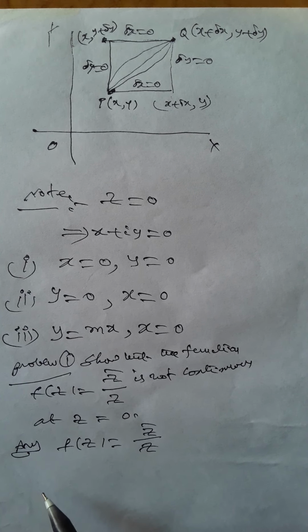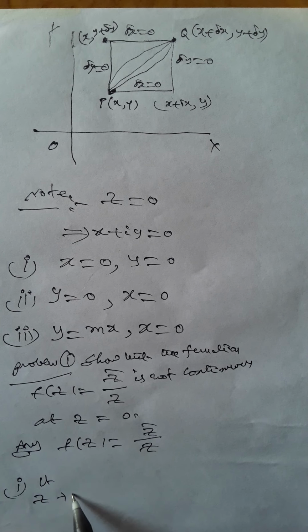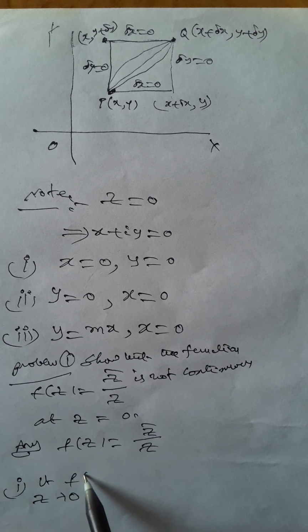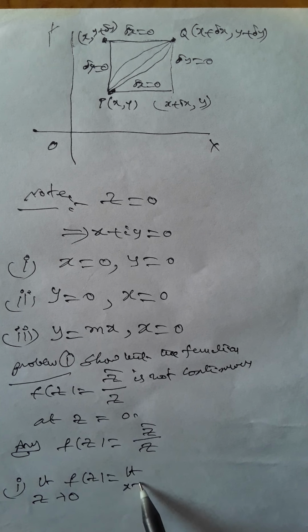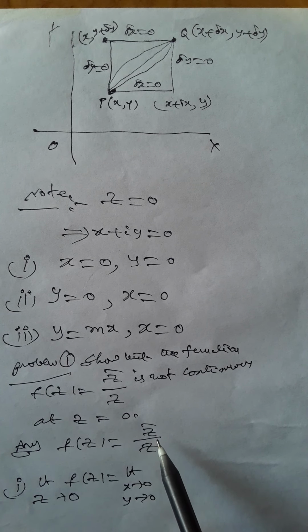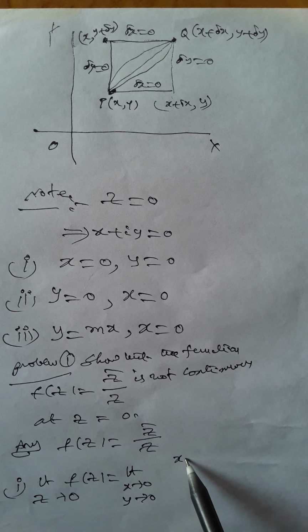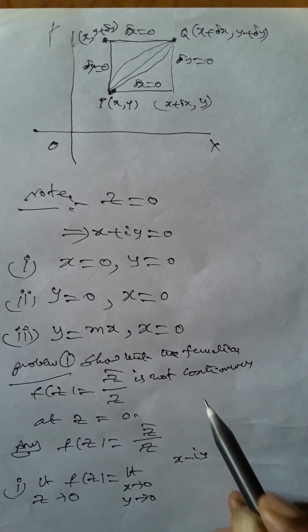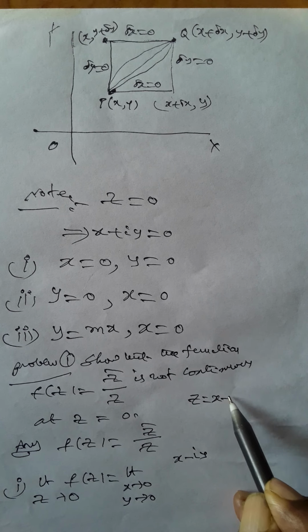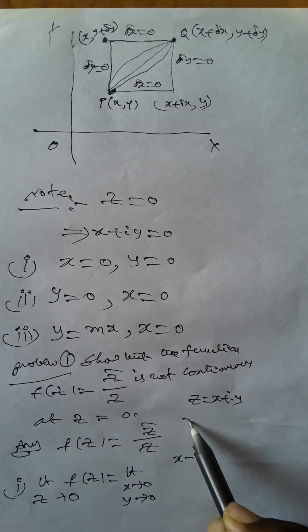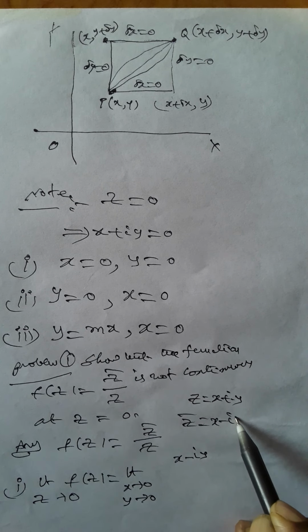So you write the limit: limit z tends to 0 of f(z) is equal to limit x tends to 0, y tends to 0. First case. Your z bar is x - iy and z = x + iy.